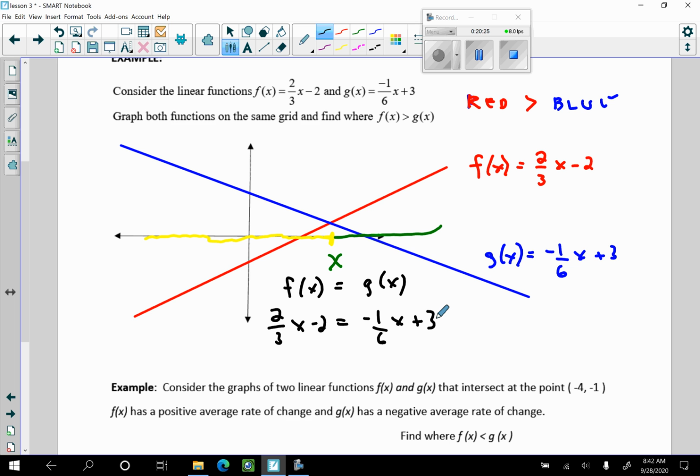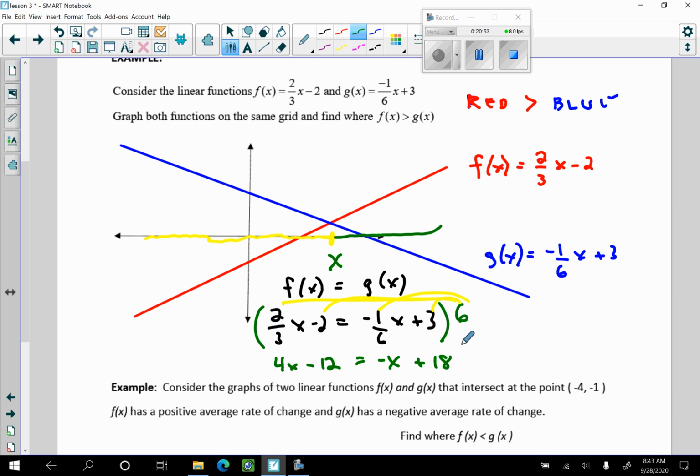I'm going to multiply both sides by 6 to clear the fractions. So 6 times 2/3 is 4. Looks like I have 4x minus 12 is equal to 1/6 times 6 is 1, negative x plus 18.